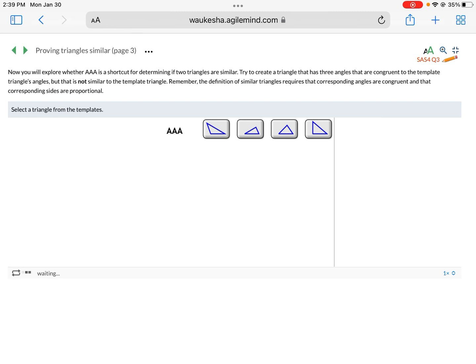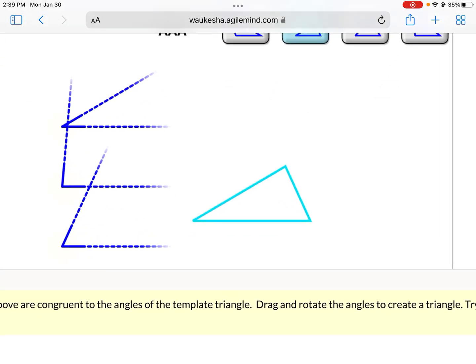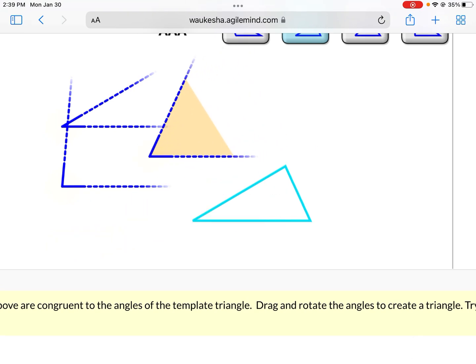So it says, if I had a triangle, right, is it possible to create another triangle that is similar if all the angles are congruent? So I can do any of these triangles. So 1, 2, 3, or 4. Any of these triangles. It doesn't matter. And what the online version does is it takes a triangle, so there's this triangle, and it creates my angles.